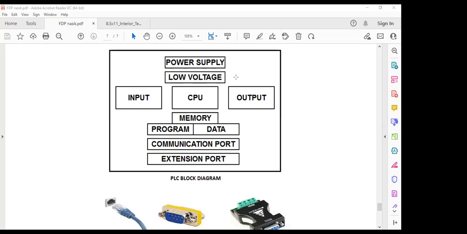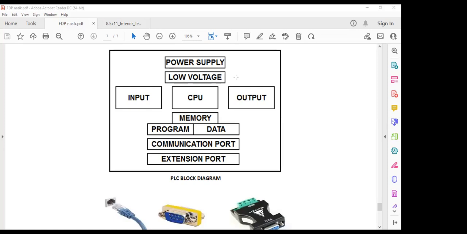When you purchase a PLC, you will have to ask them, I want a relay type PLC or I want a transistor type PLC. Okay, is it clear? So input output terminals will be either relay type or transistor type. If it is relay type, all inputs outputs are relay. If it is transistor, all inputs outputs are transistor. Okay.